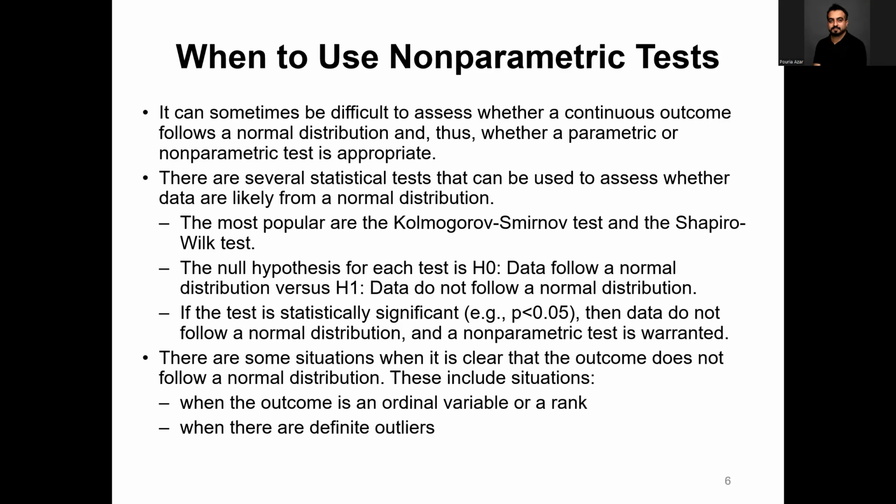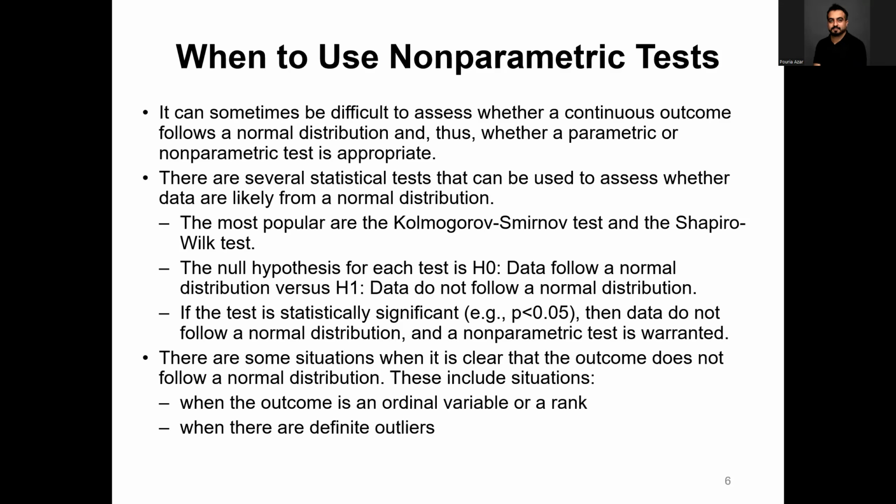In some cases, it is obvious that the data is not normally distributed, like whenever our outcome of interest is ordinal or a rank variable, because in those cases, we are 100% sure that an ordinal variable, like let's say education level, or a rank variable is not normally distributed, which is obvious.